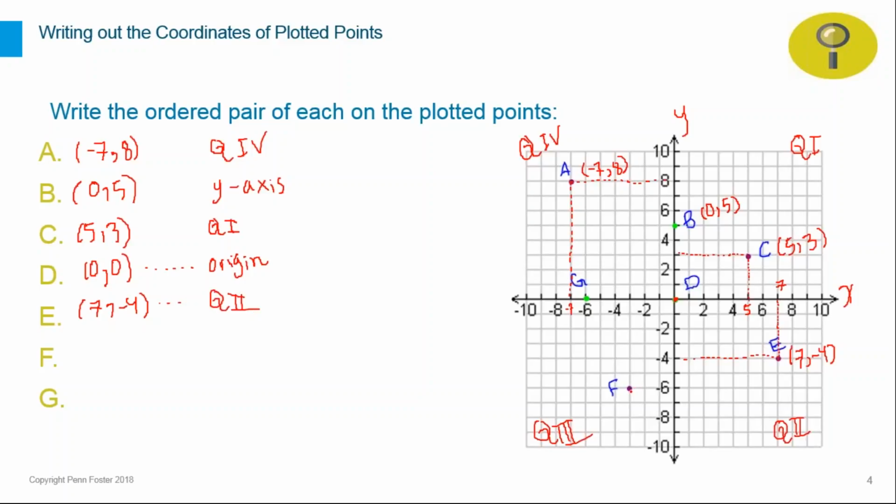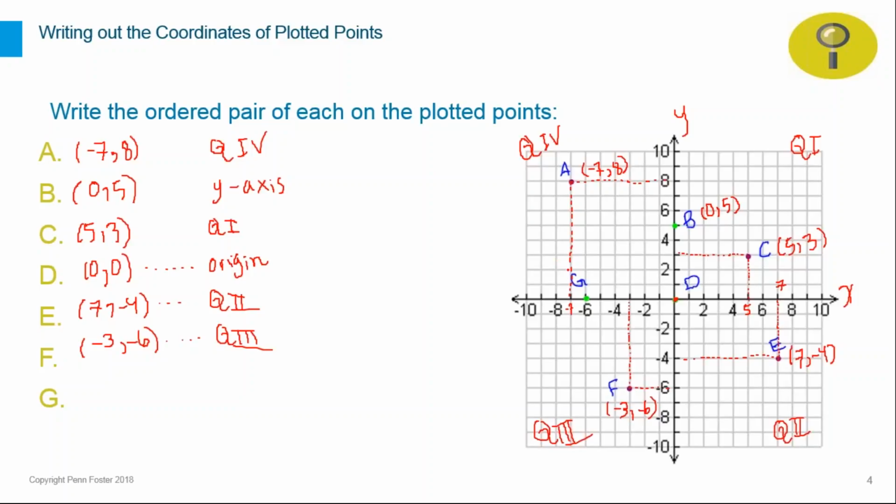F, again, determine the x until you meet the x, and that will give you the value of the x coordinate. So that is a -3, and then the y is a -6, and that would be the coordinate of F, -3 and -6, and that is on quadrant 3.